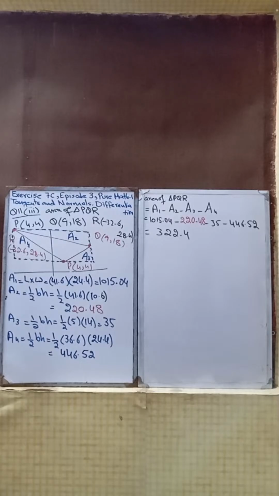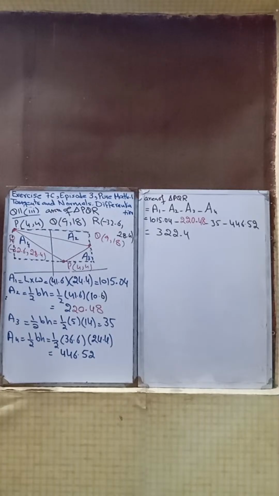So 1015.04 minus 220.48 minus 35 minus 446.52. Okay, so the answer is 313.04, but in the book the answer is 317.2 units.